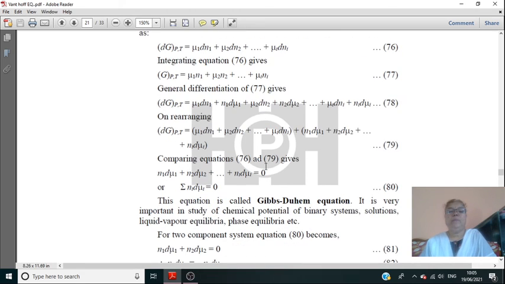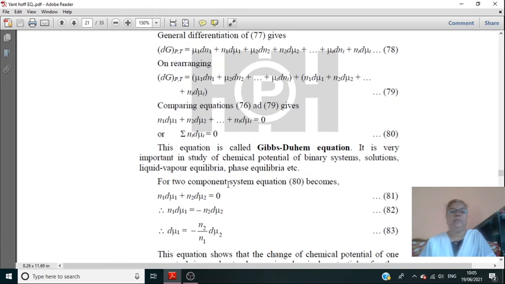Comparing equation numbers 76 and 79, we can write N1 dμ1 plus N2 dμ2 plus and so on plus Ni dμi equals 0, or the summation of Ni dμi equals 0.